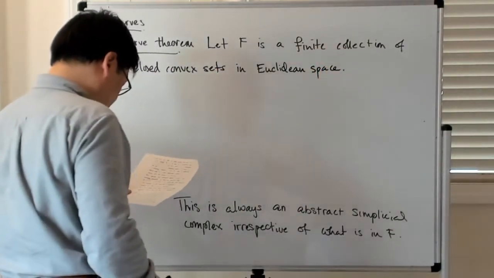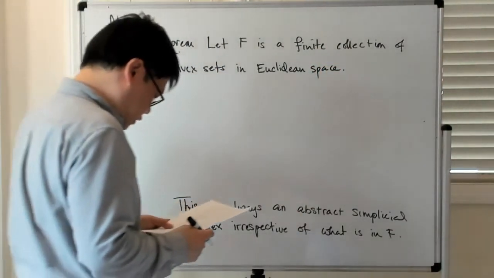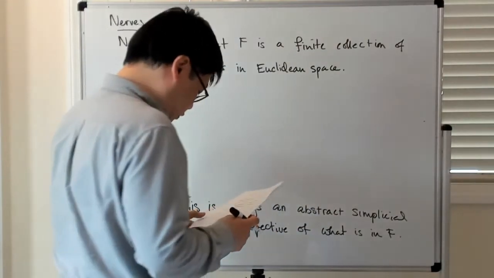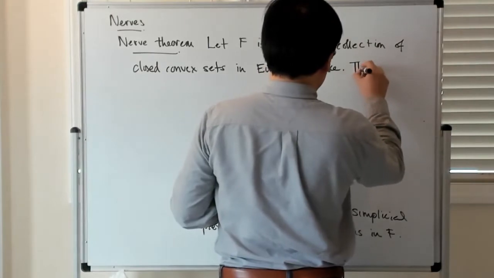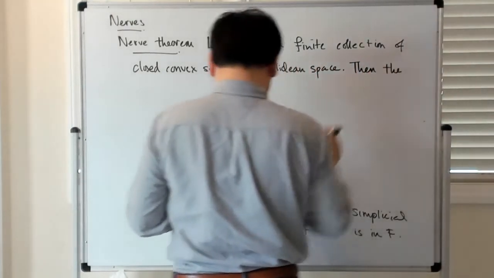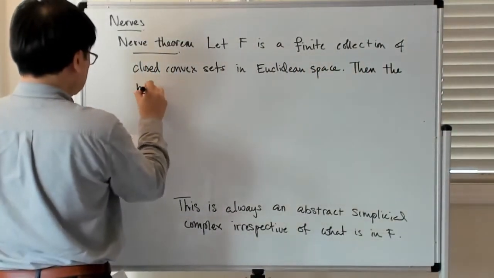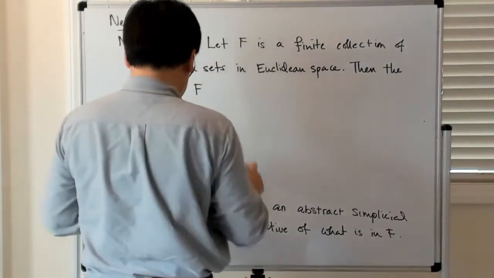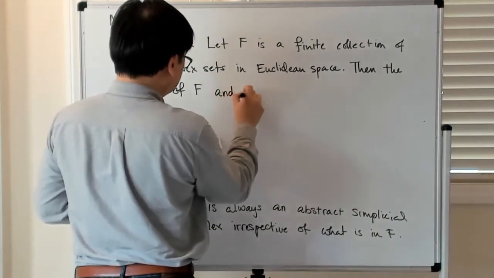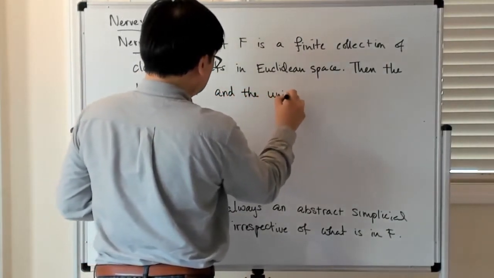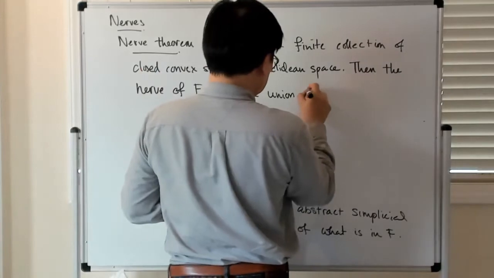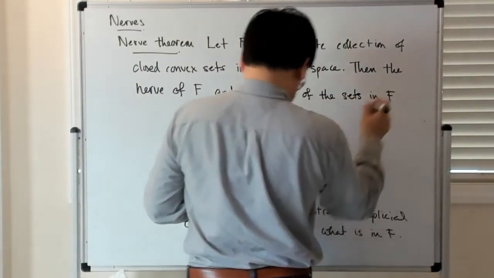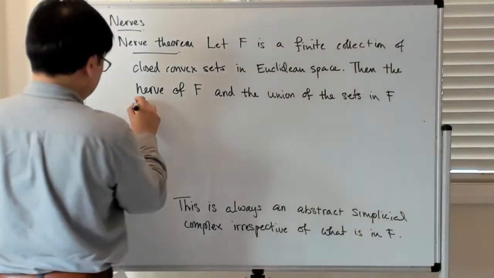Then the nerve of F is going to have the same homotopy type as something else. Then the nerve of F and the union of the sets in F have the same homotopy type.